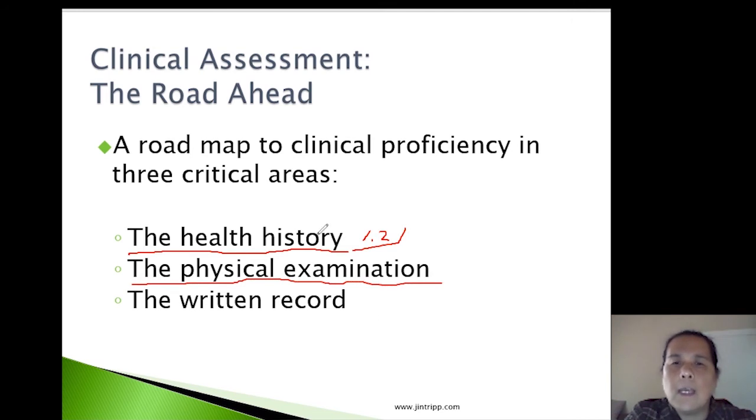Certainly, whatever information we take and whatever information comes from the examination of the body, we need a record.